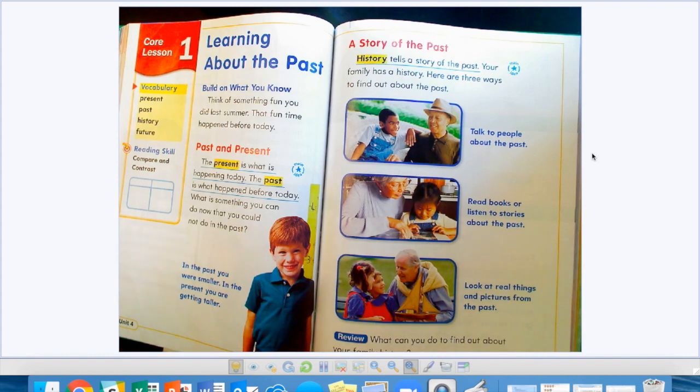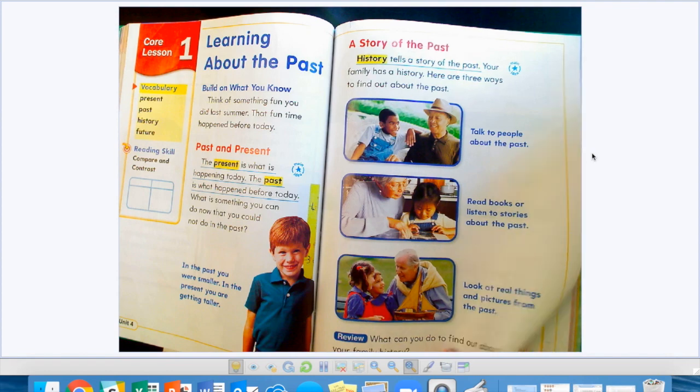Some of these are ways you can find out about your family history. As you get older, you will learn about history of the United States, history of the world, and you can find out about your family history right now.